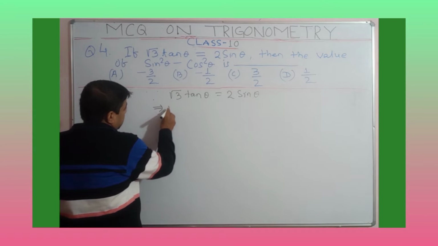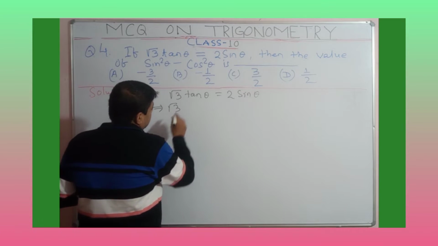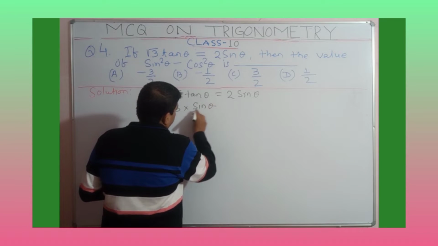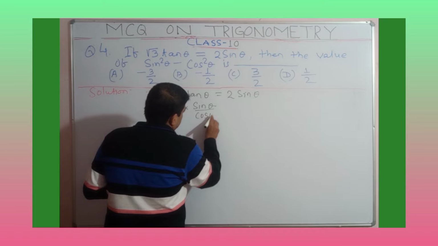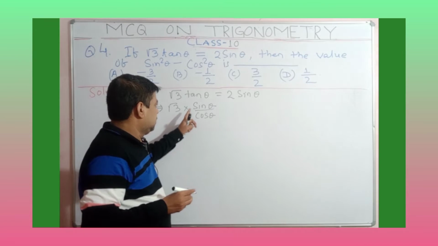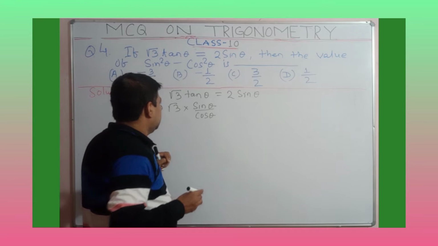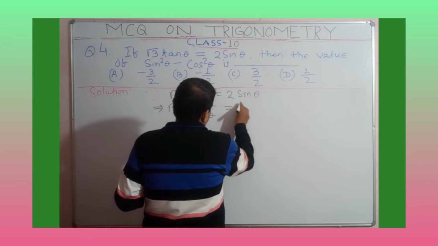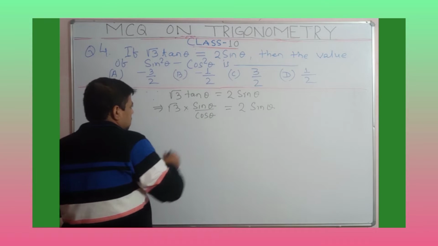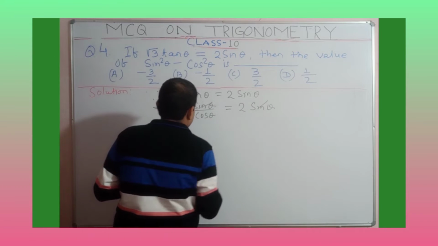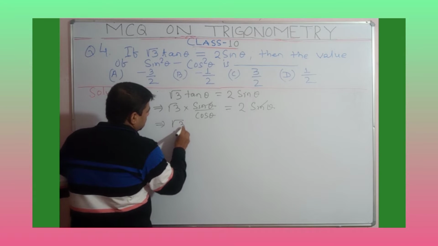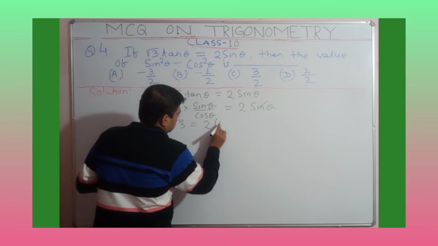So you can write, dear students, tan theta is equal to sin theta upon cos theta. You can use the formula of tan theta. In place of tan theta, you can write sin theta by cos theta, and it is equal to 2 sin theta. Now sin theta we can cancel. So that implies root 3 is equal to 2 cos theta.